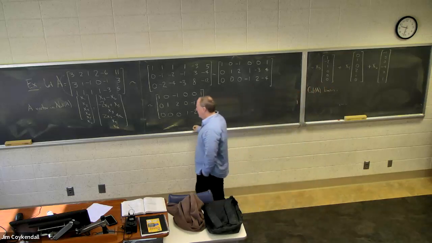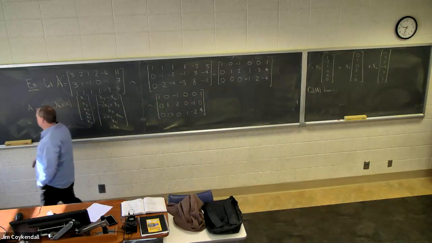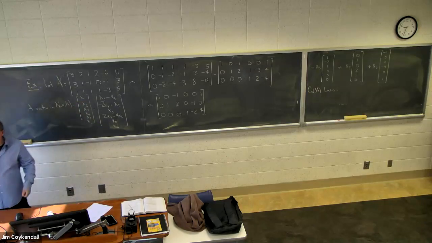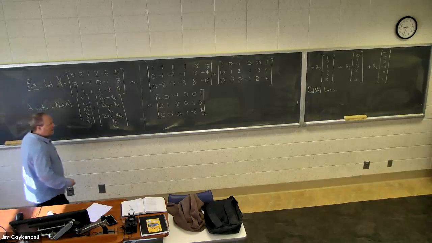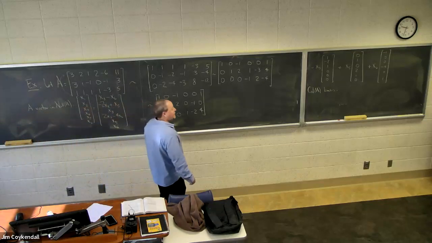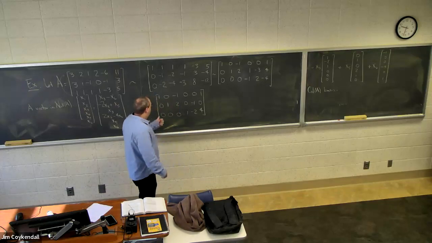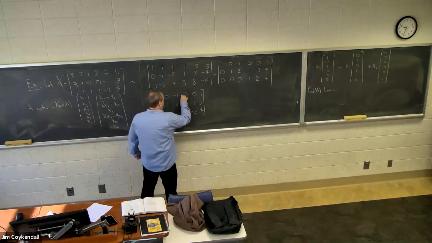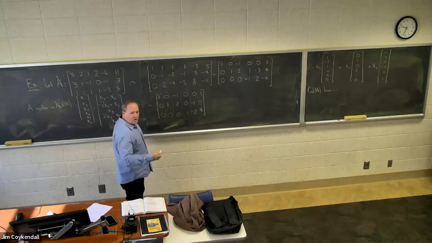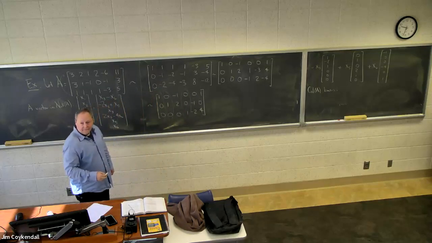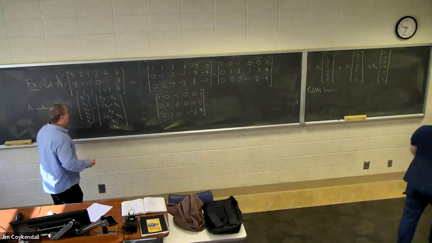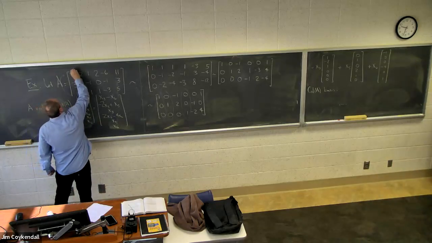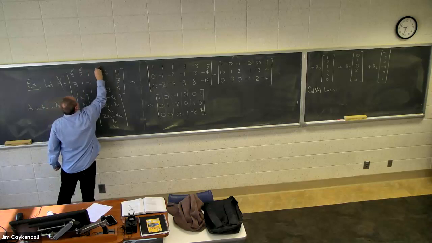Column space. You know how we can tell that one? Yeah, the pivot columns, but from the original. Ah, right. You've got to be careful about that, don't you? This has 3 pivot columns and they correspond to the basic variables, right? Here they are. The pivot columns are 1, 2, and 4. Now you've got to be careful and take columns 1, 2, and 4 out of the original matrix.